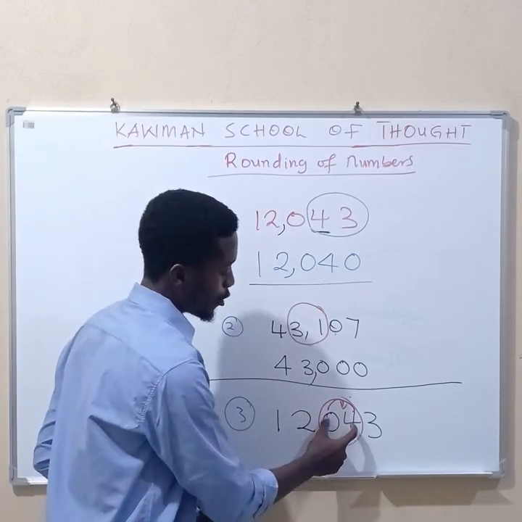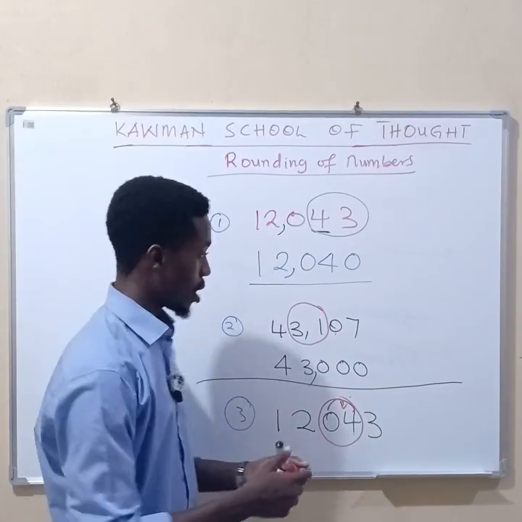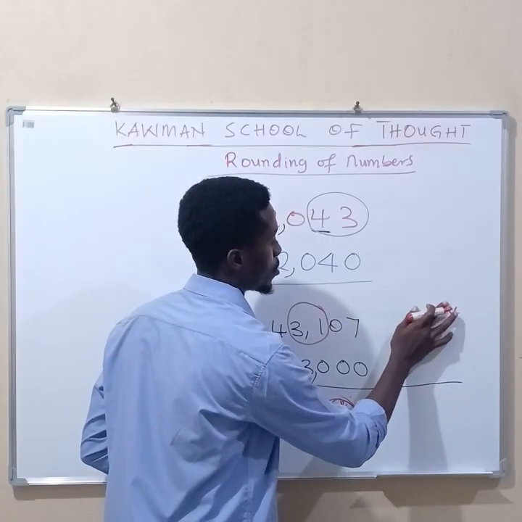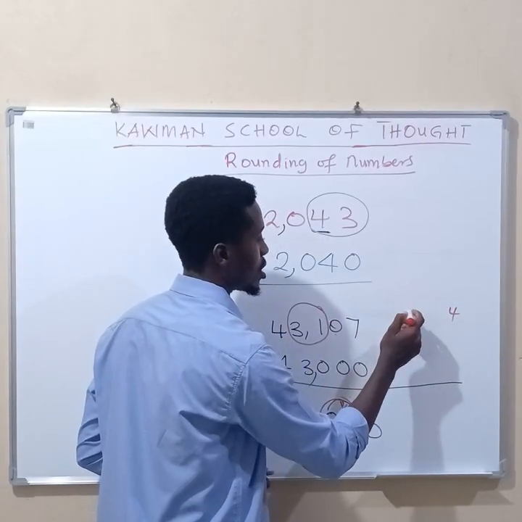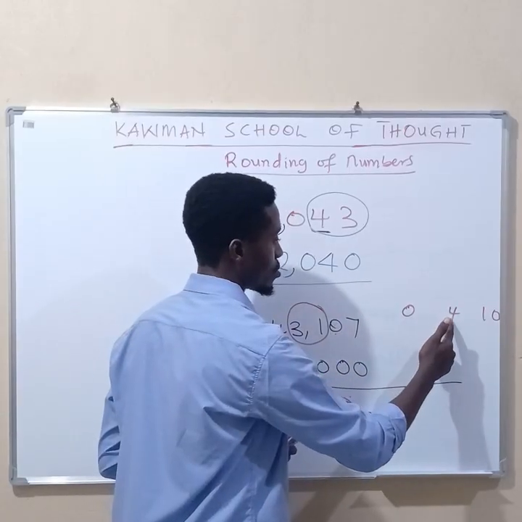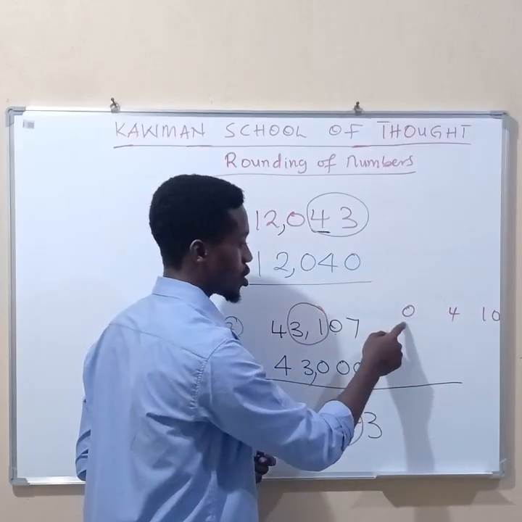So round 4 to the nearest 10. Is this 4 closer to 10 or 0? We forgot about the 0, 4. But 4 is between 0 and 10. So is 4 closer to 10 or closer to 0? Of course, it's closer to 0.